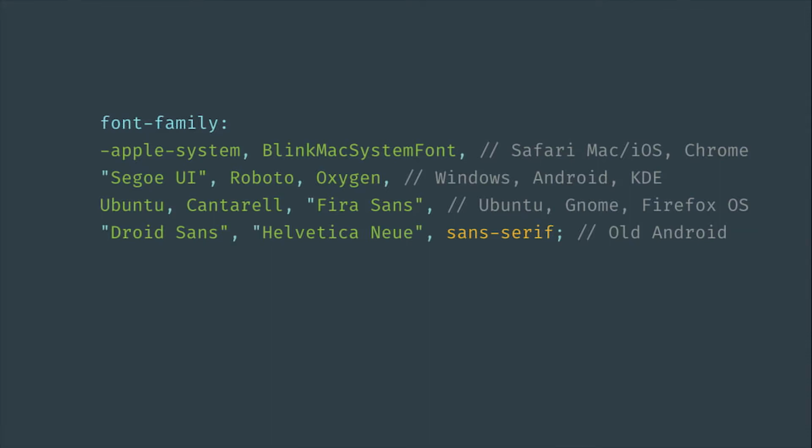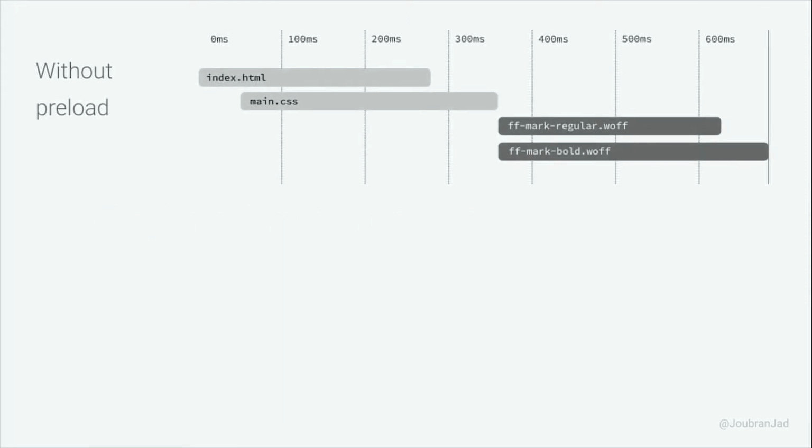But still, sometimes you want to use web fonts. So for example, you can decide to use device fonts and also web fonts. And when you want to use web fonts, you actually have to preload them. So let me show you what the problem is. Typically, without preload, when you start loading the index.html and the CSS, even though the browser reads that you have an @font-face declaration, it's not going to load the font.